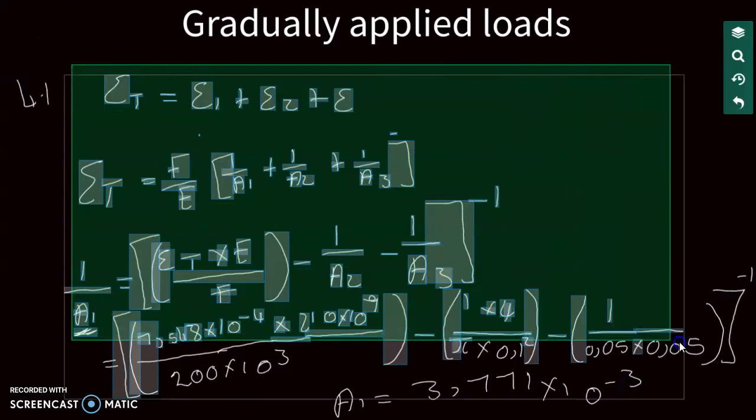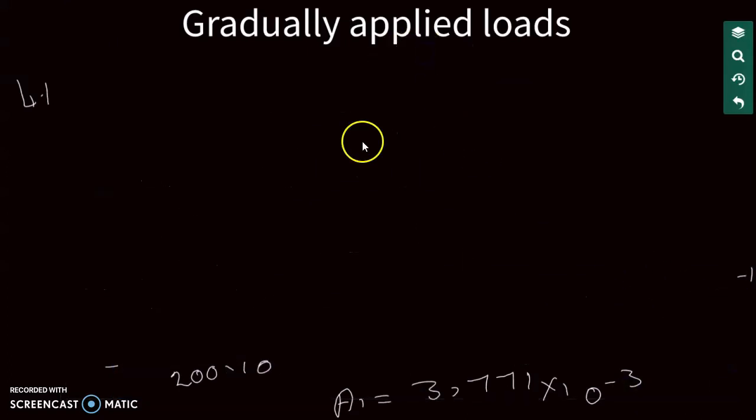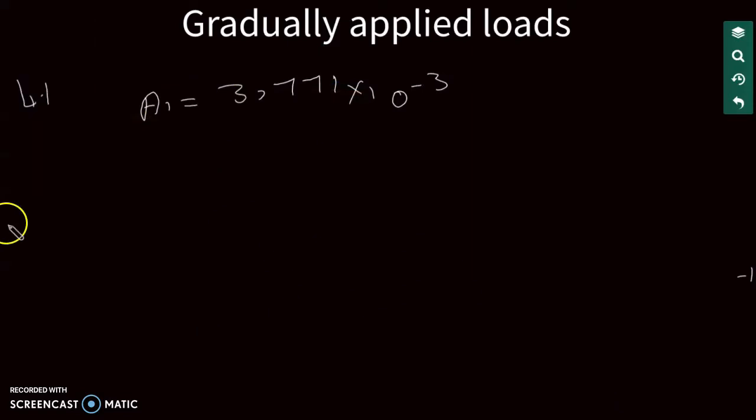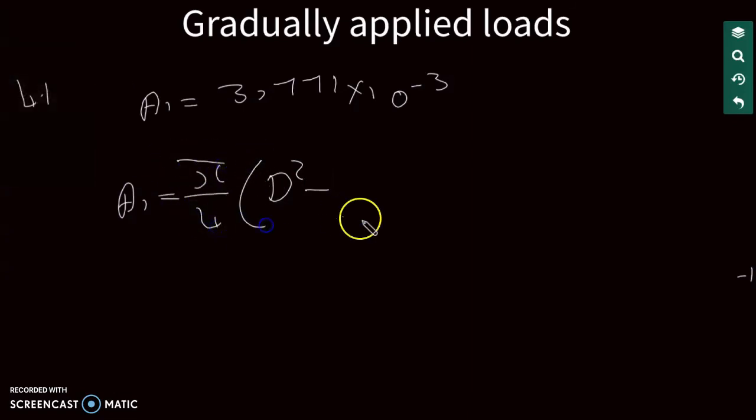And then from here, we can now calculate what they asked us to calculate, which is the small diameter or outside diameter. Area number 1 equals pi divided by 4 in bracket D squared minus the inside diameter, which we are going to represent as a small letter d. What are we looking for?